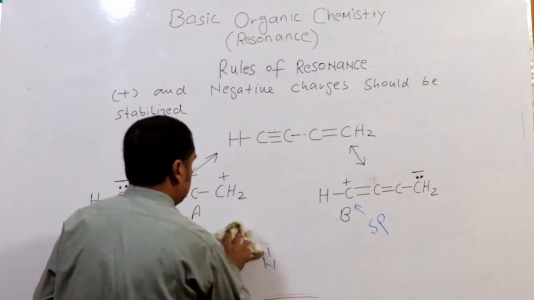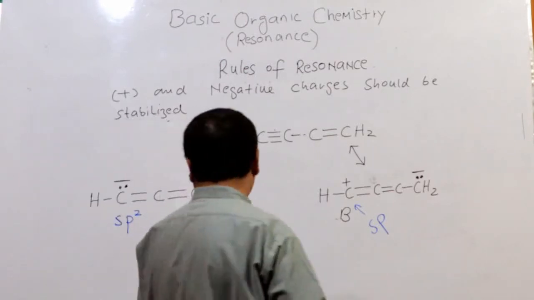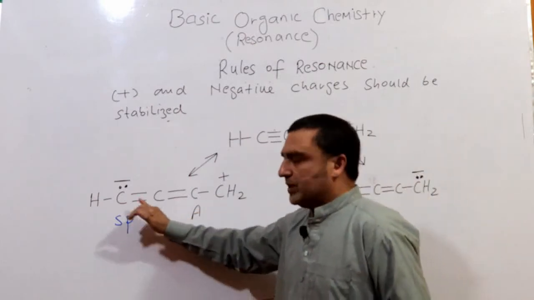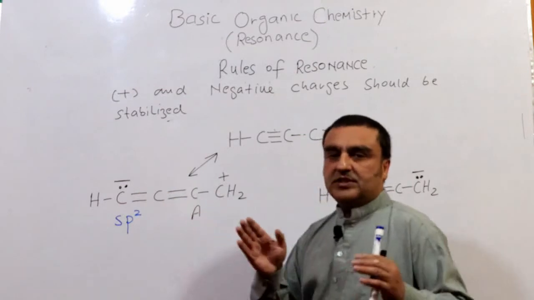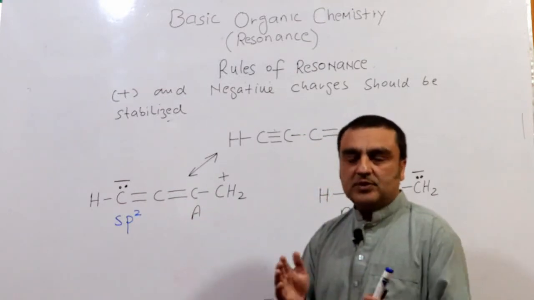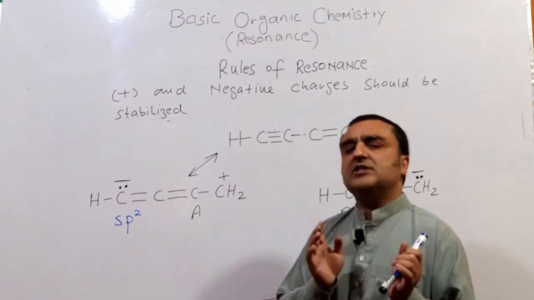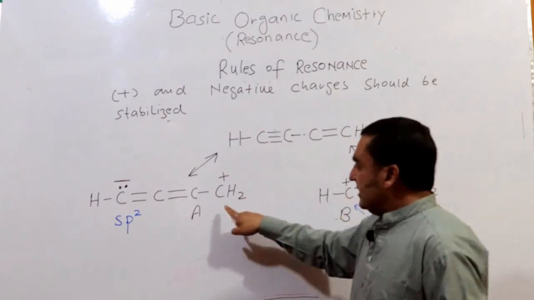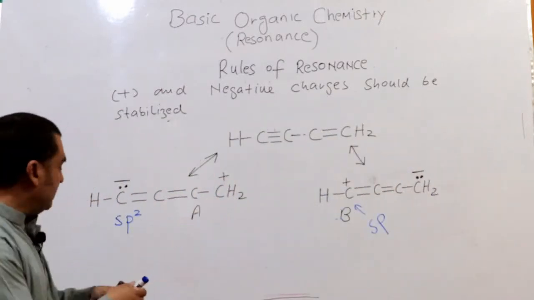Here in the above case, you have a negative charge on an sp2 carbon. It's okay, because the sp2 carbon is more electronegative than sp3. This seems okay, but you are comparing this with this, and here the positive charge is on an sp2 carbon.